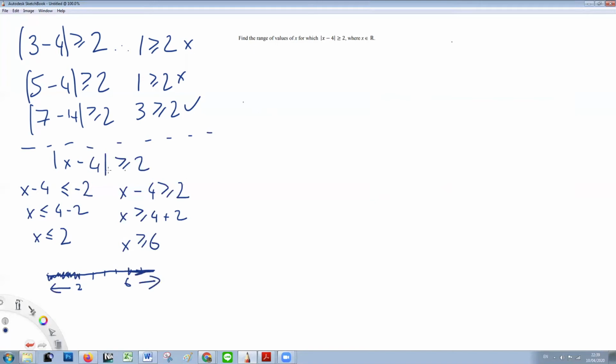Now, if the equation was written a little bit differently, so suppose we said it the other way around, this would be a lot easier to do, because then we would just say this. So that's going to be 4 minus 2 and 2 plus 4.